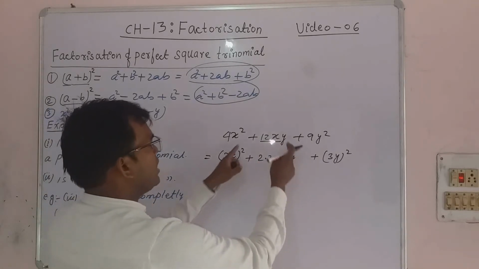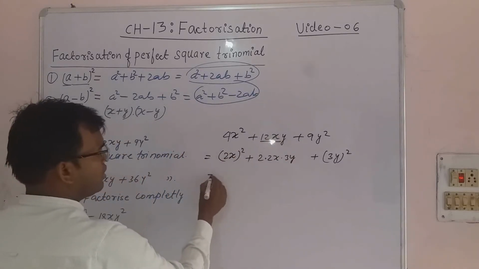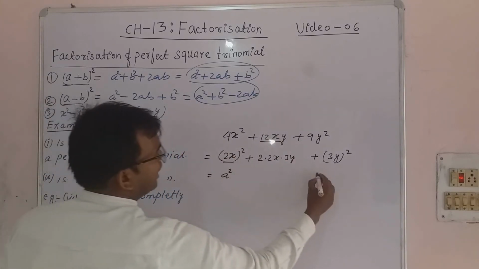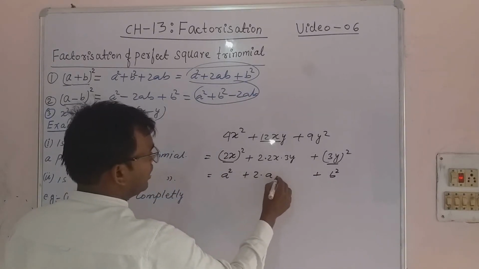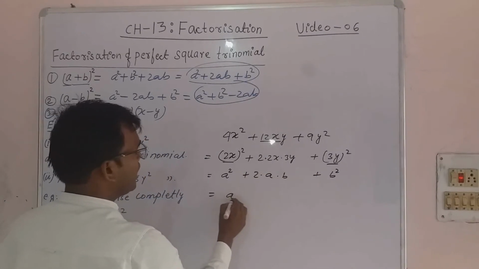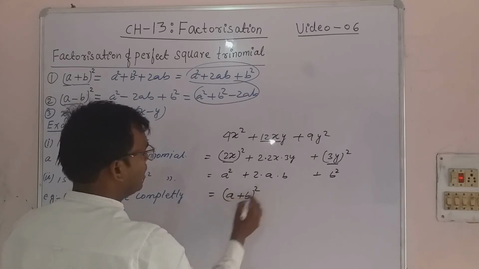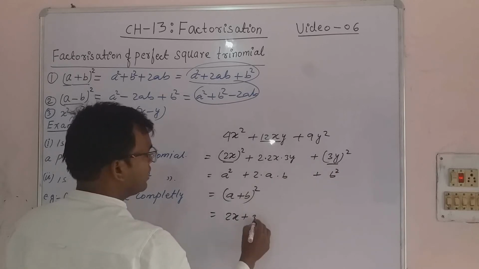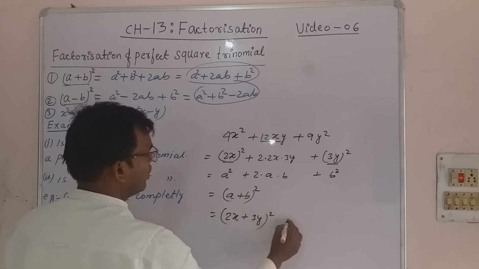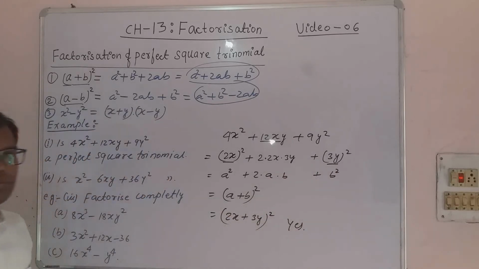So it is in the form of a square and b square and 2 into a into b. So you may write (a plus b) whole square, in place of a it is 2x and b it is 3y, whole square. So answer is yes.